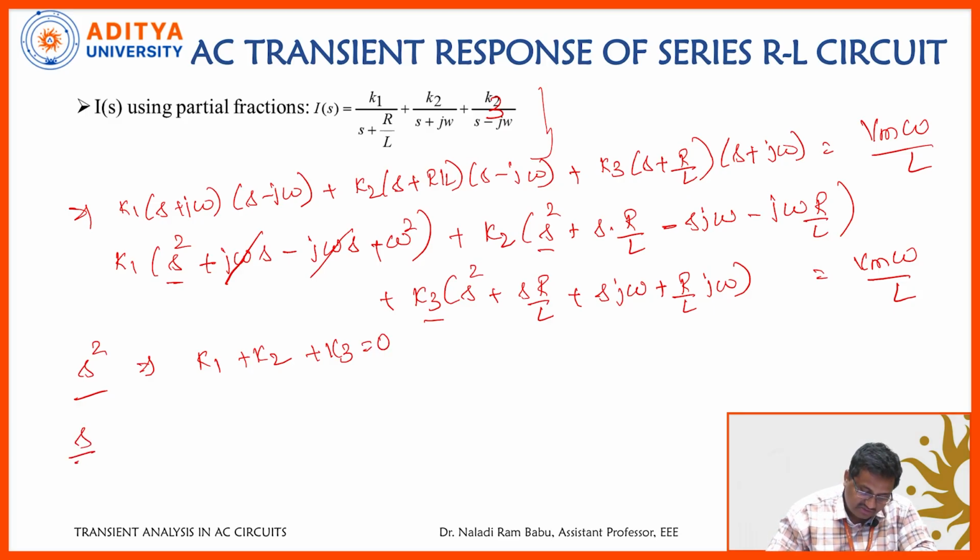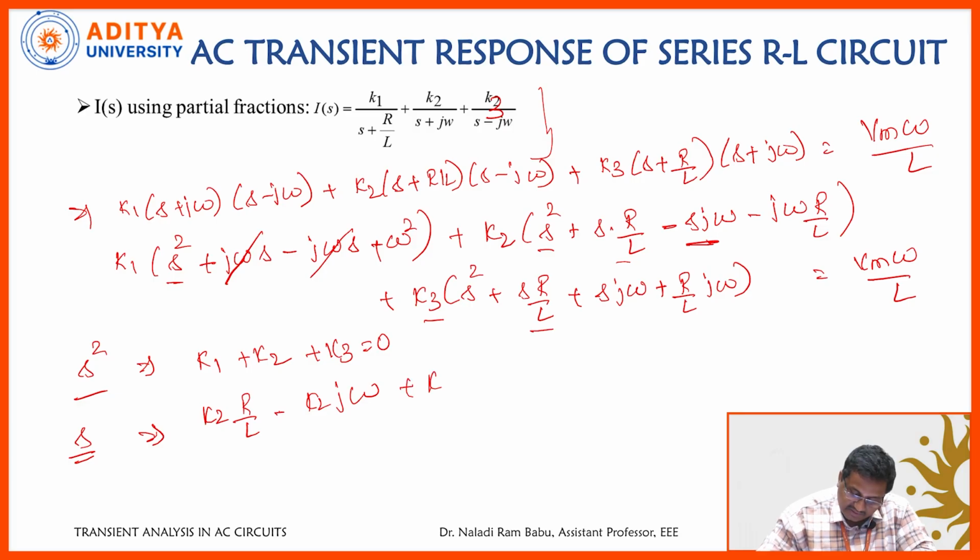And if I take the S terms outside, here in this expression, K2 into R by L, next one minus K2 into j omega, okay, and this part plus K3 into R by L plus K3 into j omega is equal to 0, because there are no S square terms on the other side.